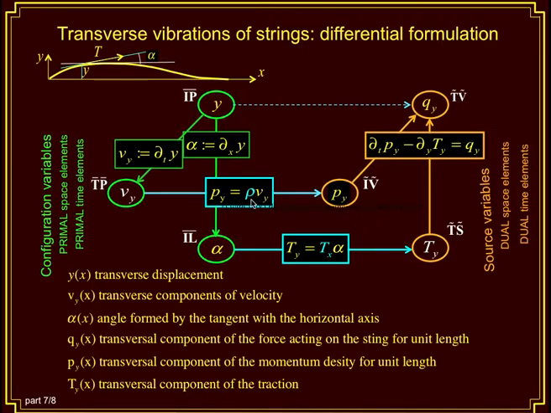Momentum density, rho is a density of mass times velocity, the momentum density that is also in the vertical direction. The angle alpha formed by the tangent is equal to the first derivative of y. And Ty is a component of the traction here in vertical direction, Ty.